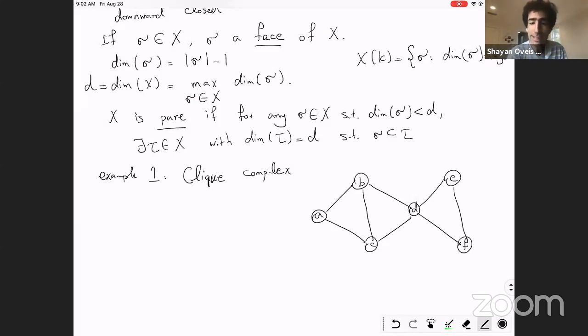In a clique complex, every face is a clique. Okay, so in this graph, the largest clique is a triangle. So the dimension of the clique complex that you get here is 2, because a triangle has 3 vertices, so it has dimension 2.